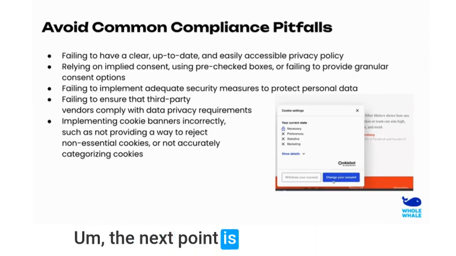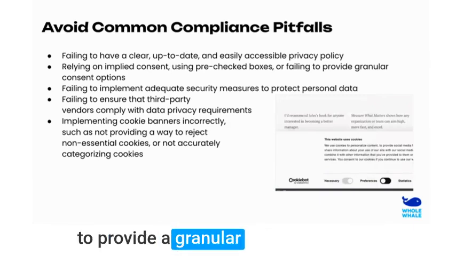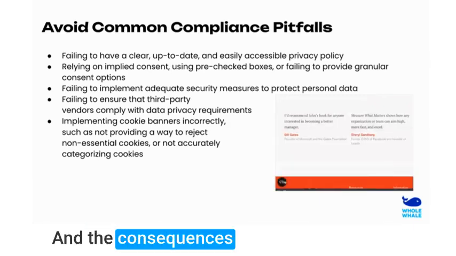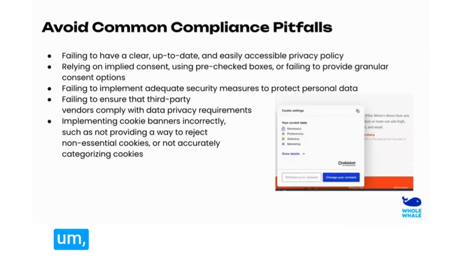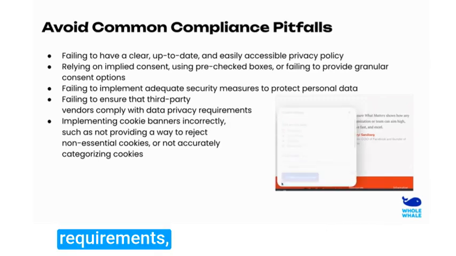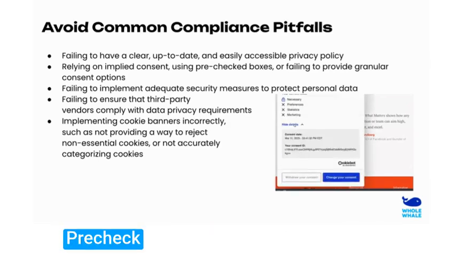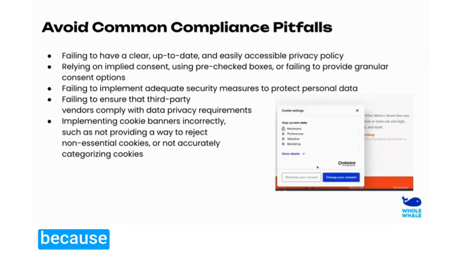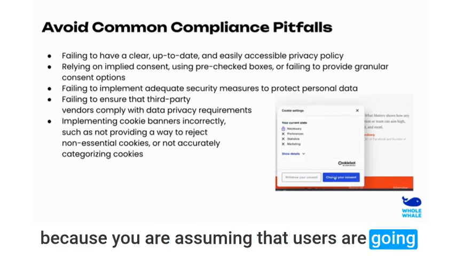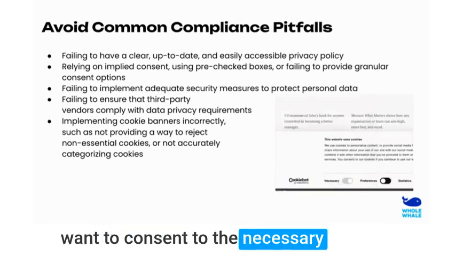The next point is relying on implied consent using pre-checked boxes or failing to provide granular consent options. And the consequences of this would be that these would absolutely violate consent requirements. Pre-checked boxes are especially egregious because you are assuming that users are going to consent to everything when they might only want to consent to the necessary cookies.